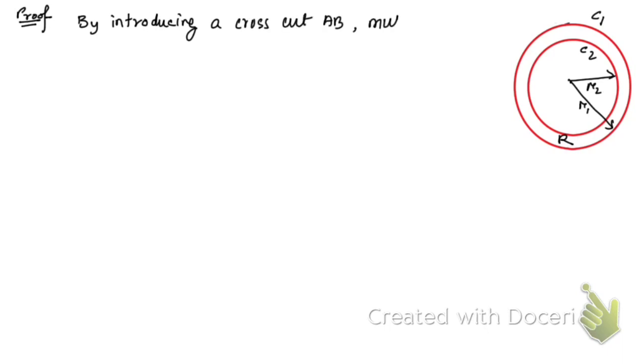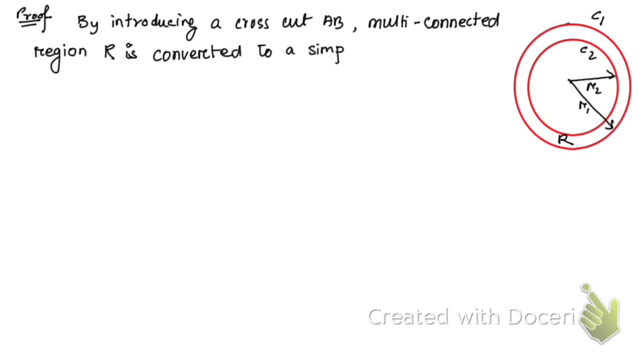cross cut AB, this multiply connected region bounded by C1 and C2 is converted to a simply connected region. So here we are going to use cuts.